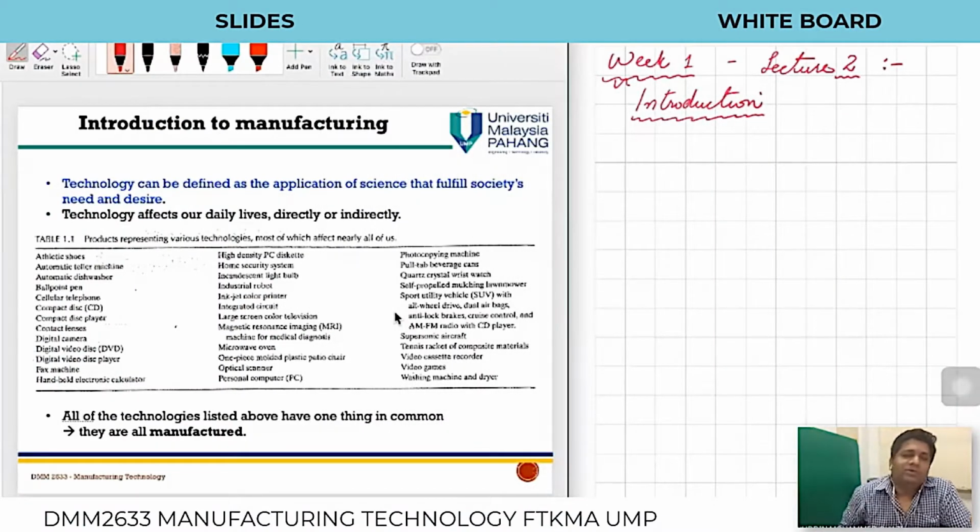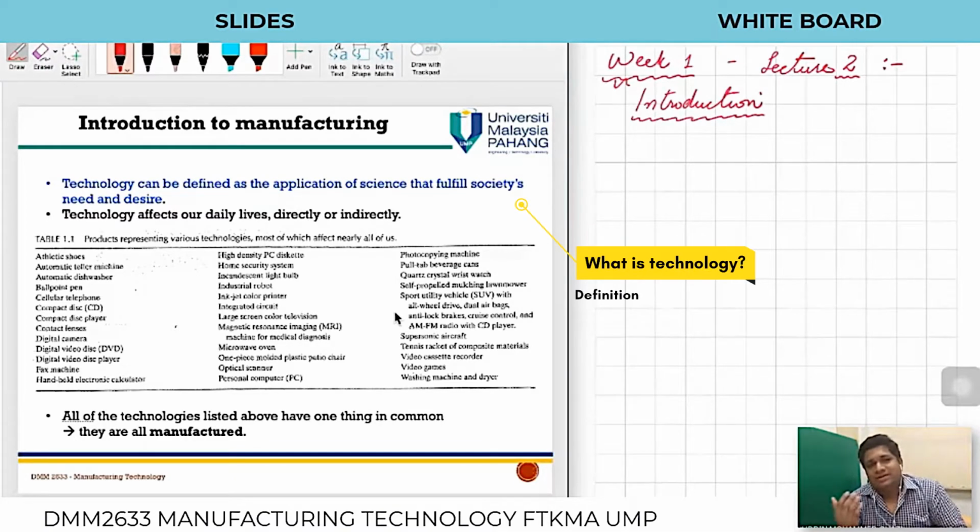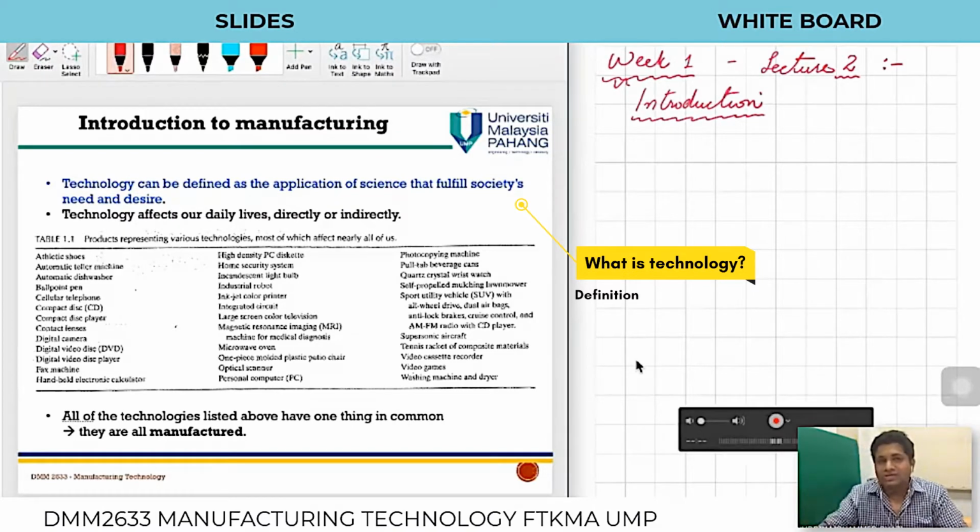Before we move on to manufacturing, we need to understand what is technology. In layman terms, technology can be defined as the application of science to fulfill our society needs. Let's say I want a laptop, so the technology is going to help me bring this laptop. Let's say I need a mouse, so the technology is something which is going to help me create a mouse.